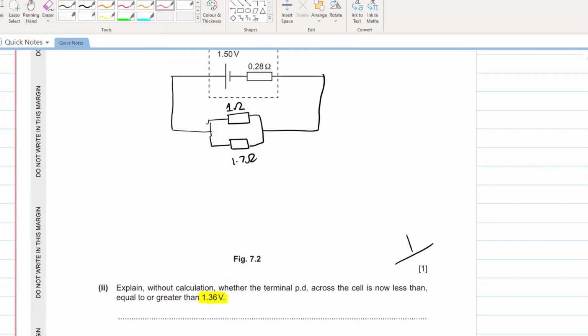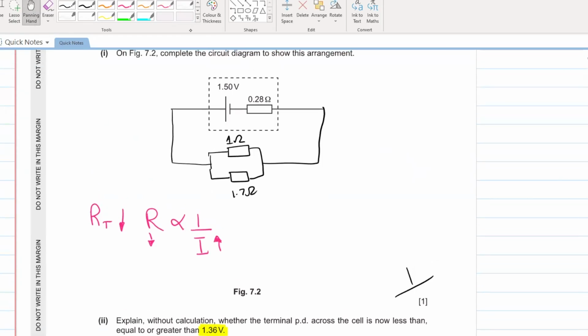If you connect the resistors in parallel, your total resistance is going to decrease. If your total resistance decreases, according to this relationship, resistance is inversely proportional to current, so your current will increase.